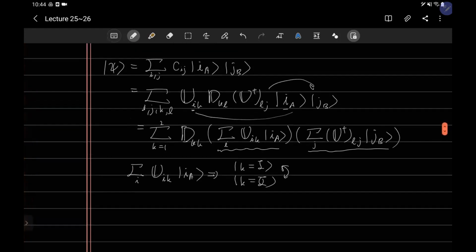And similarly, this new combination of U dagger L J and then the J B will also turn into another type of orthonormal basis. So they will just appear here, and they are also orthonormal to each other.